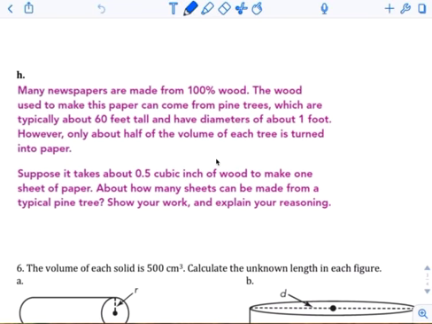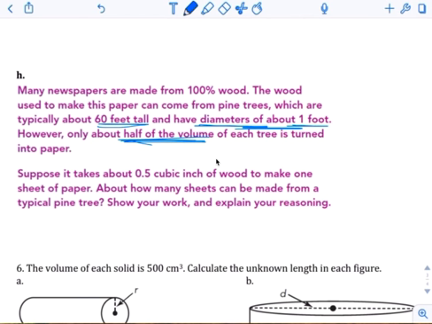So many newspapers are made from 100% wood. The wood used to make this paper can come from pine trees, which are typically 60 feet tall and have a diameter of 1 foot. However, only half of the volume of each tree is turned into paper.